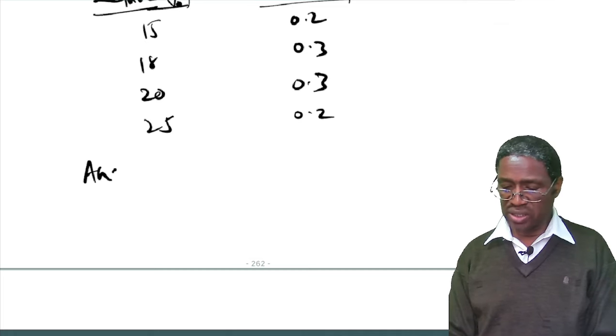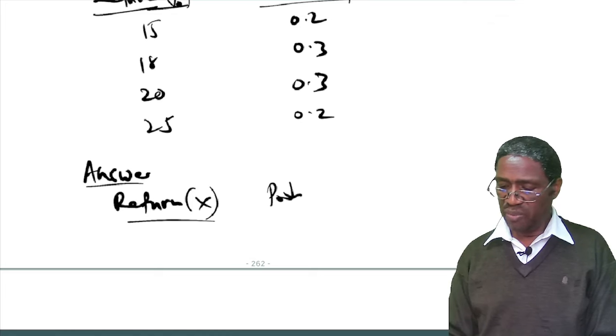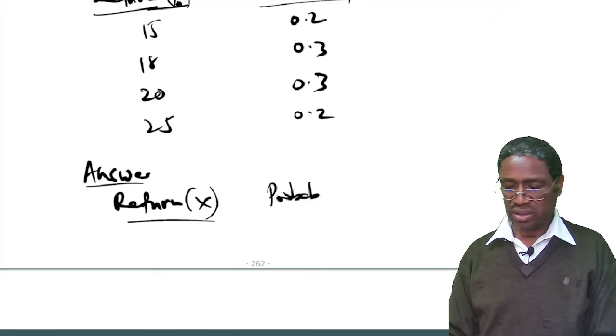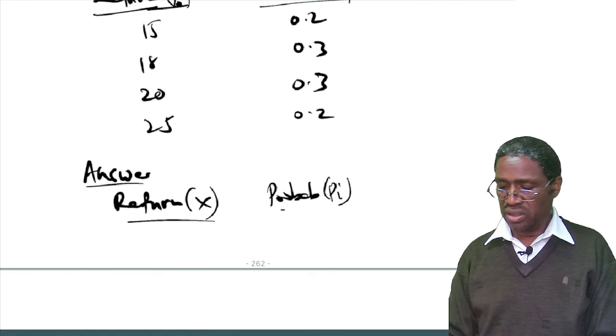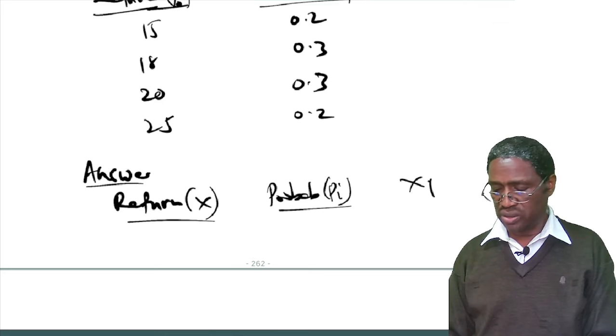Come and see your answer. This is the return, that is x. Then we have probability, pi, and I want to get the product of those two, that is x pi.